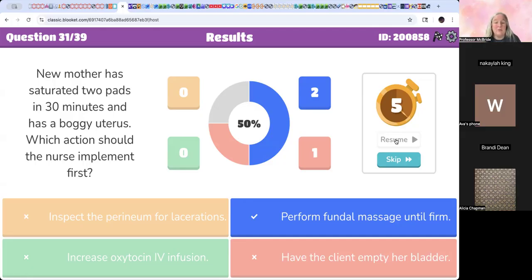I might not get her up to the bathroom because she's bleeding a lot. But we need to manage the bladder somehow. Empty your bladder, do a Foley, have her void, something. And then we can give our uterotonics. Uterotonics make it squeeze: Pitocin, Cytotec, Hemabate, Methergine, right?